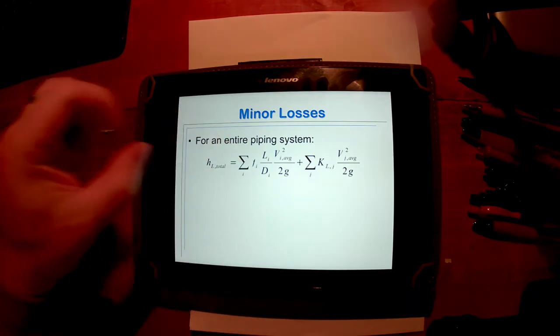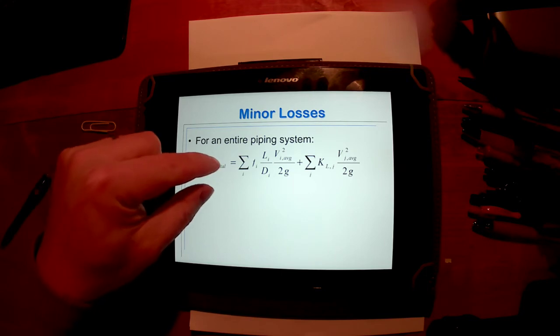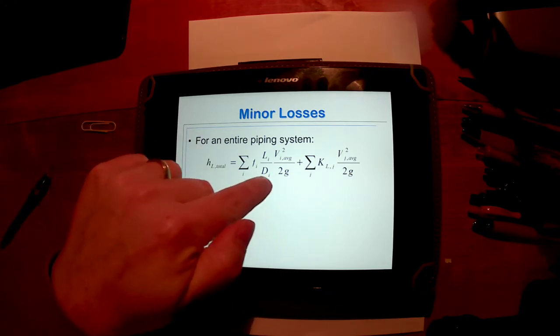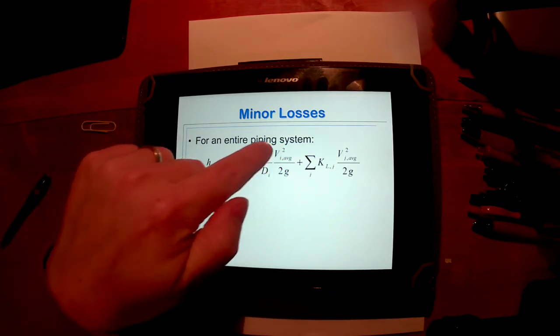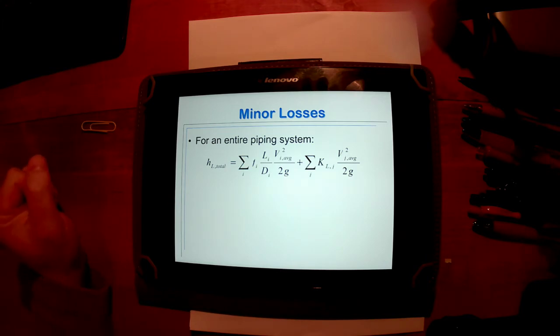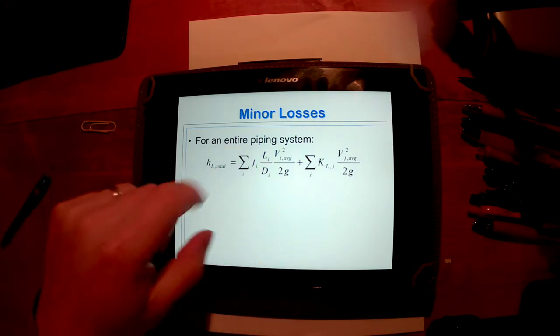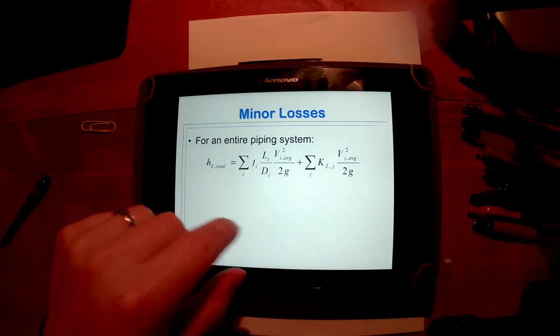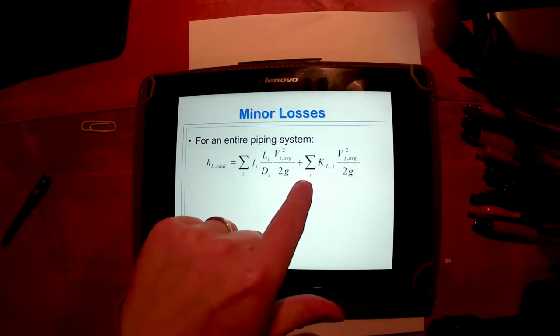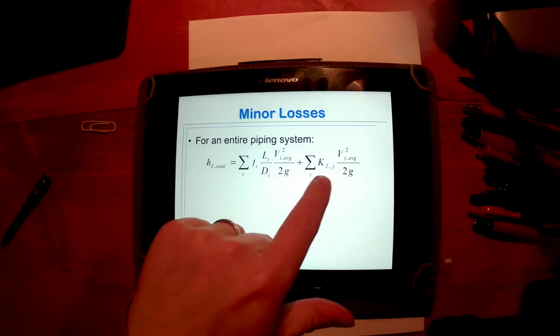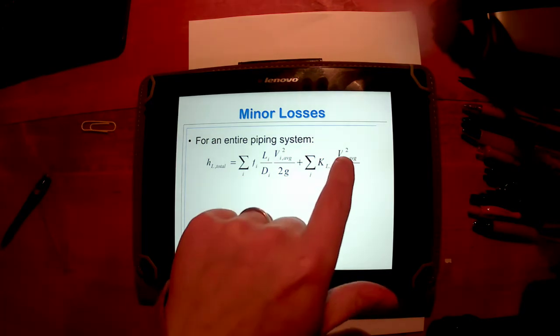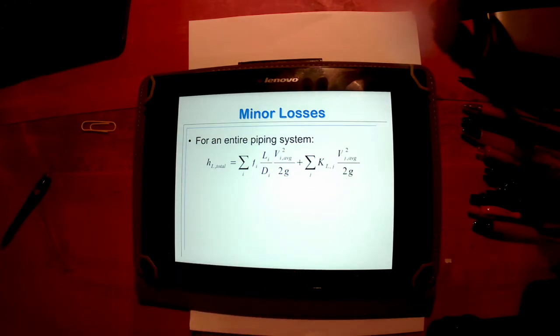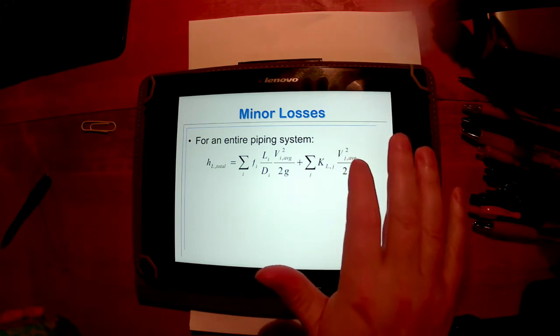So we write a generic expression here where we're summing for all these individual diameters. You're going to have a different speed and a different Darcy friction factor within all of those pipes. And then here we've got a J on this summation, so for every minor loss, take the average speed of the flow through that minor fitting, that change in flow, take that speed squared.